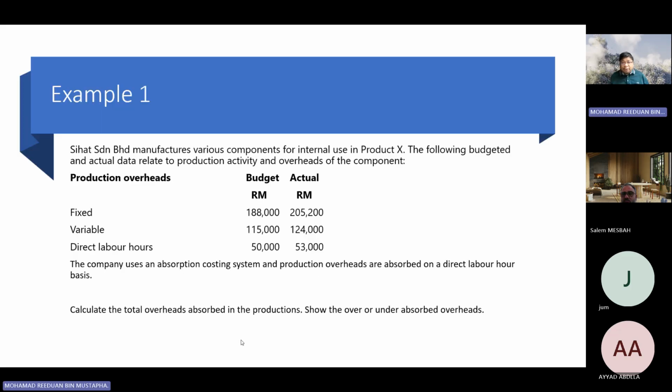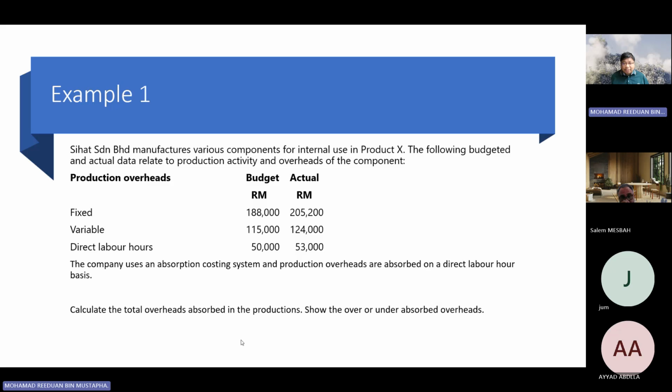Okay, this is one of the examples. Sihat Sandang Bahat manufactures various components for internal use in product X. The following budget and actual cost data relate to the production activity and overhead of the components. The budget and the actual are listed down, either fixed, variable, or direct labor hours.